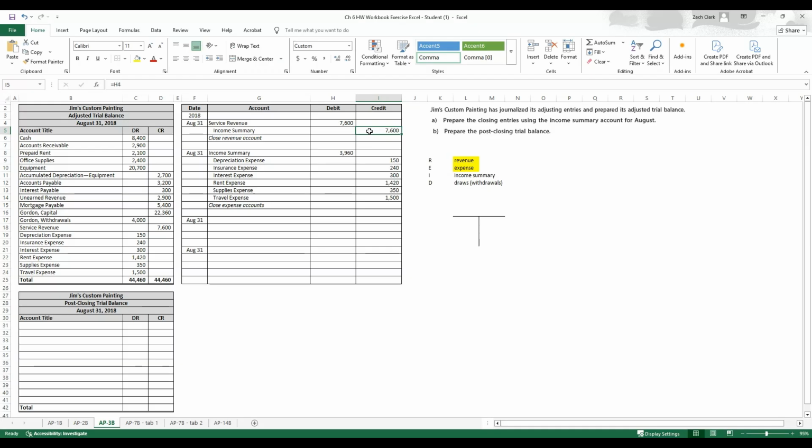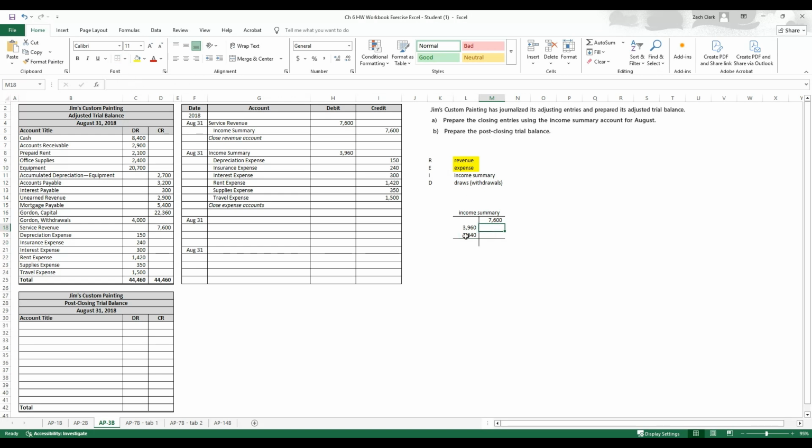As you can see, when we did our first closing entry, we credited the income summary for $7,600. Then we debited it for $3,960. So we've got a difference now, and we can find out what that difference is by taking the 7,600 minus 3,960. We have a difference of 3,640.